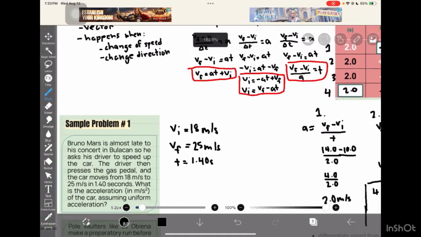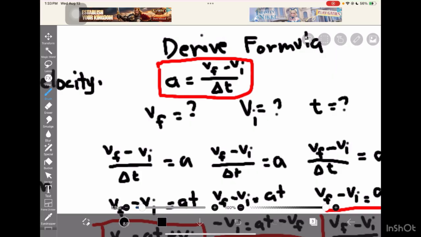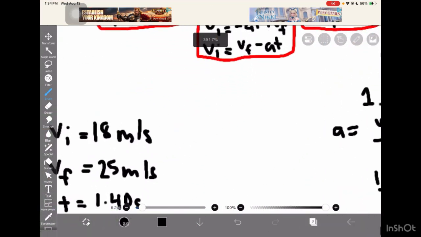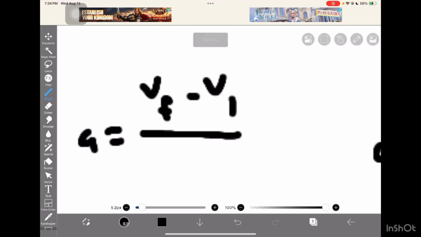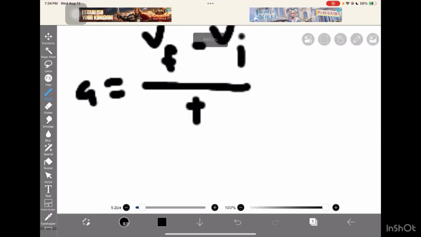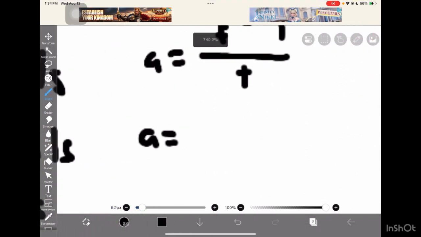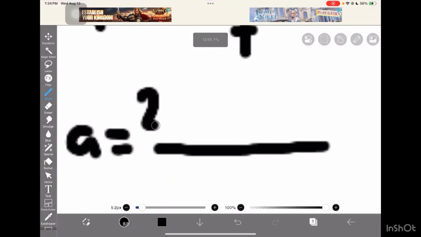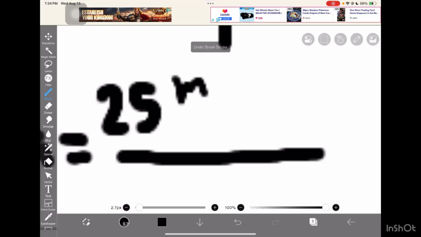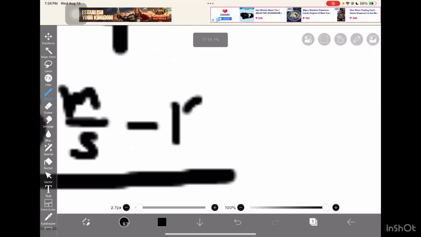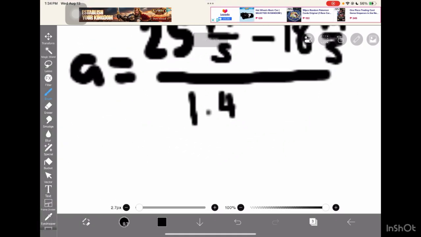Now, we're missing the acceleration. So let's use this formula because it has a on one side. So a equals v sub f minus v sub i over time, right? And then we have a equals 25 meters per second minus 18 meters per second all over 1.40 seconds.